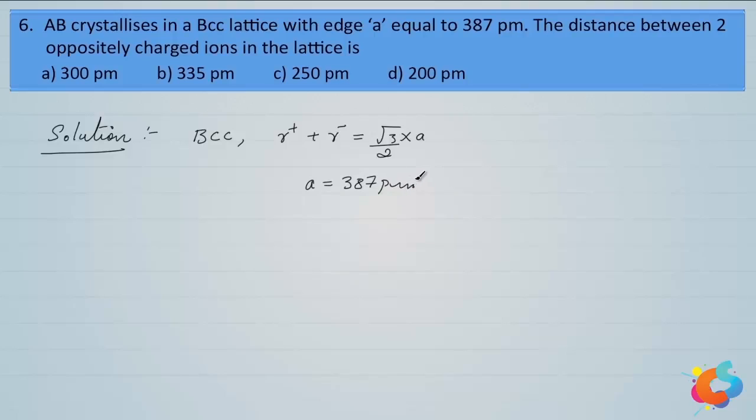By substituting the value of A in the main equation, we get the value of R plus R minus as root 3 into 387 divided by 2, which is equal to 335.15 picometer. And hence, the right option is option B.